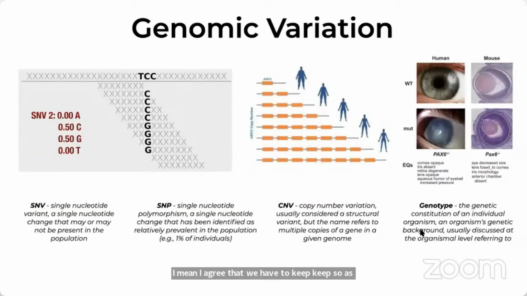So as we spoke about, how do we identify these genomic variations? These genomic variations can be identified by subjecting the samples to high throughput sequencing or next generation sequencing, which you will learn a lot about in the upcoming sessions.